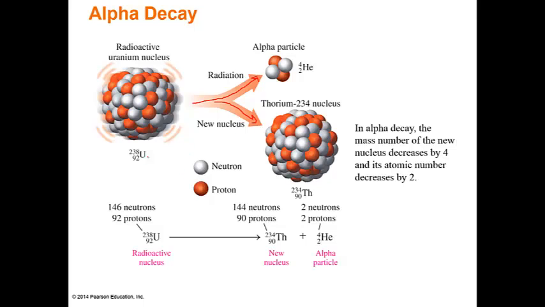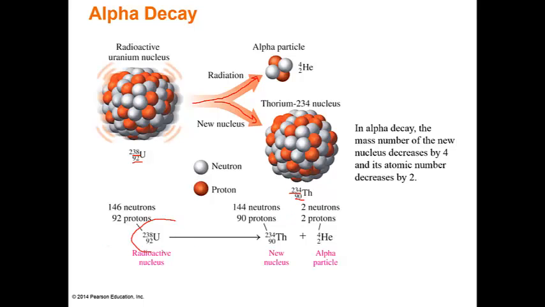Well, how does that work? Look at our original mass number, 238, and our original atomic number, 92. Now the nucleus has a mass of 234. Subtract 4 from 238, that makes sense, and we lost 2 protons, so the atomic number is going to drop down by 2.